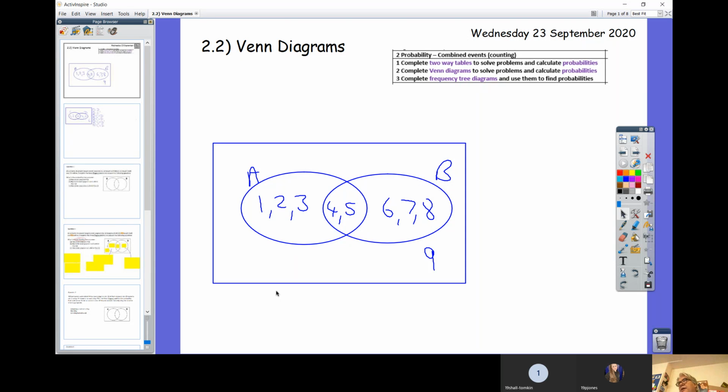Okay, so what I want to do first of all is just to run through the very basics of the set notation. So can you all please, whether you're in class or not, on your orange books, copy out today's title, and copy out that Venn diagram that I've just put up on the board, please? Because I'm going to be asking you to do a number of things with that information. So if we can just get that copied.